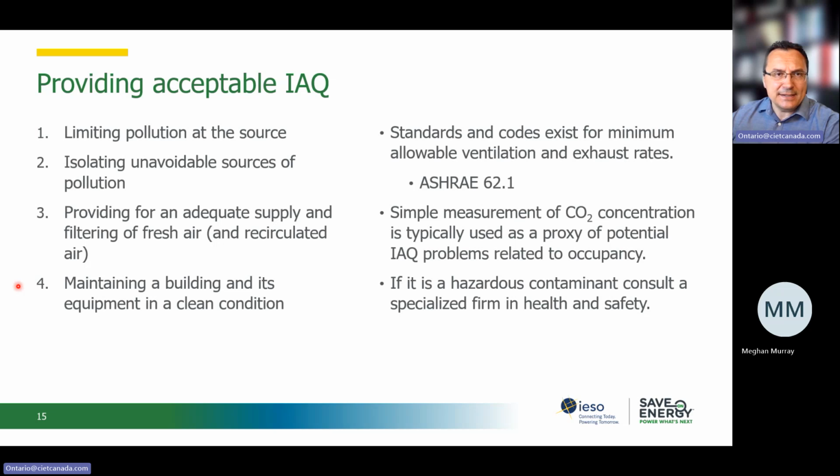There are standards that deal with the ventilation systems in our buildings. ASHRAE 62.1 is the standard that addresses minimum allowable ventilation and exhaust rates for our spaces. In some cases, we use proxy measurements for indoor air quality.